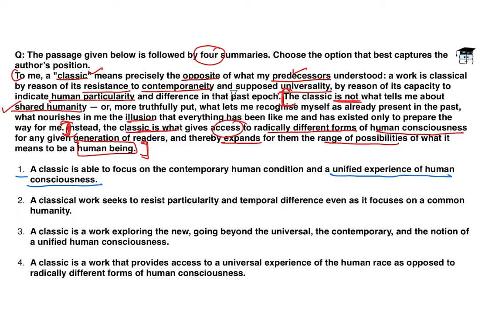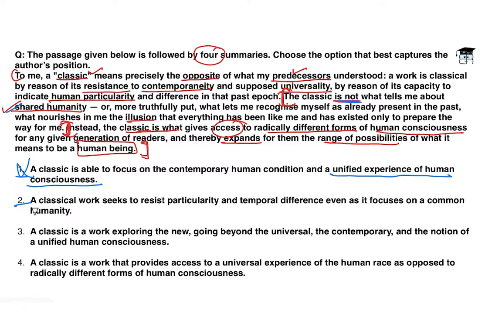In the third line, they're talking about the classic is not what tells me about shared humanity. But in the first statement, they're saying that a classic is able to focus on the contemporary human condition and a unified experience of human consciousness. Okay, unified experience and shared humanity of human consciousness, same meaning, right? So this is a contradiction. That means this cannot be my summary.